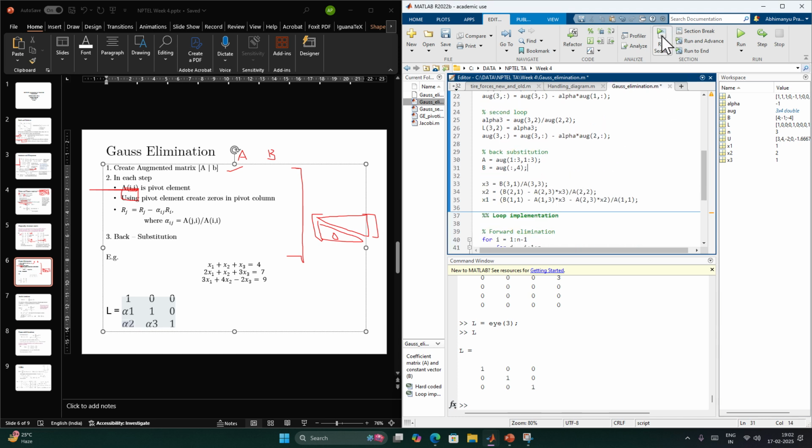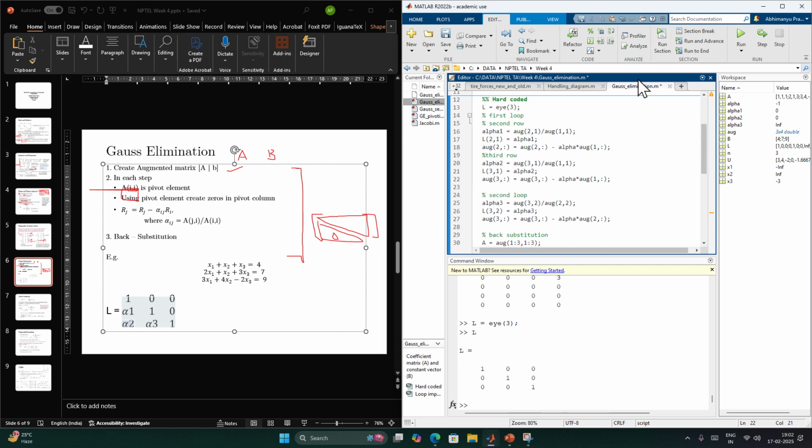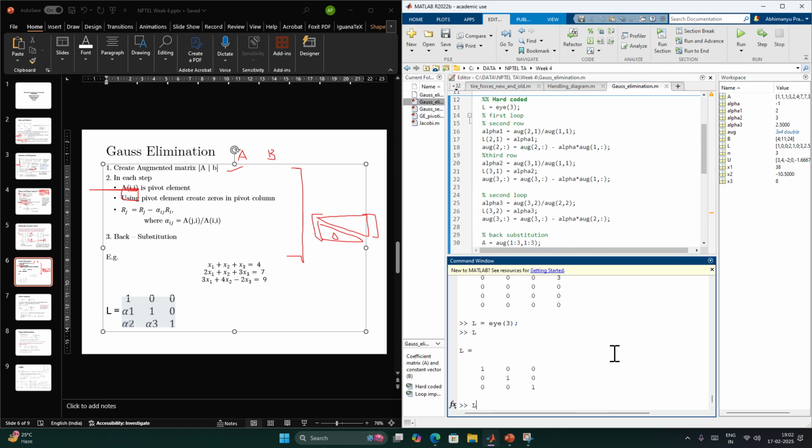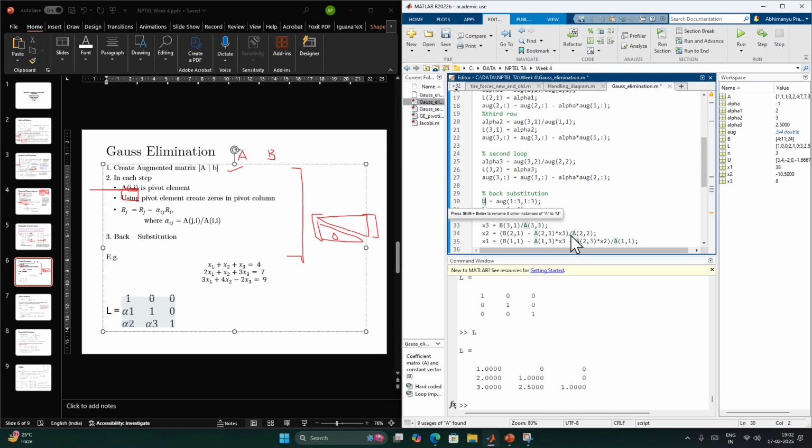Now if I run this part, okay, let me run this, then I will run this. So I am getting my L matrix as this, and my upper matrix, I will make this as U, because this is my upper triangular matrix now.